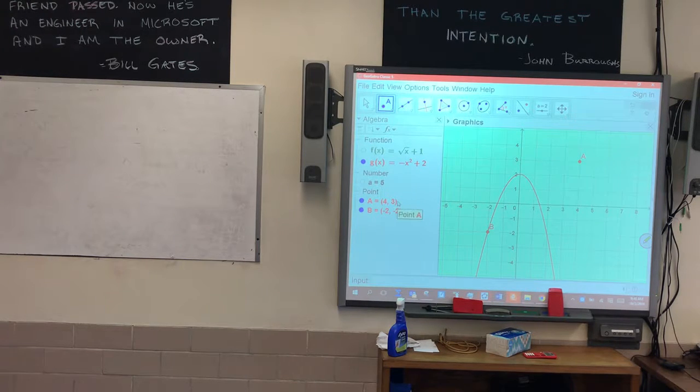Okay? So now the question is, this one up top is an x value evaluated at f of x. This one here is an x value evaluated at g of x.